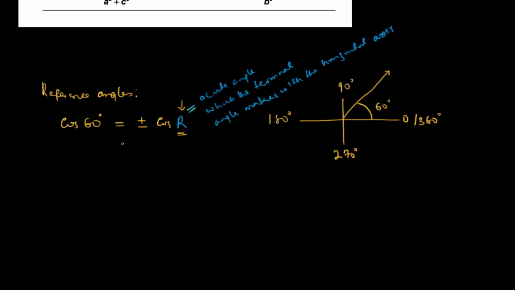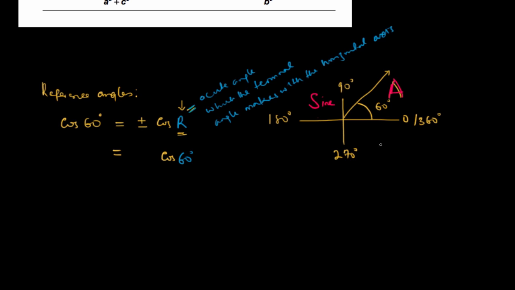So this is going to be equal to the cosine of 60 degrees. Now, which sign am I going to put, positive or negative? You would recall from trigonometry that any angle between 0 and 90 degrees has all trigonometric functions positive. Angles between 90 and 180 degrees are the region of sine.